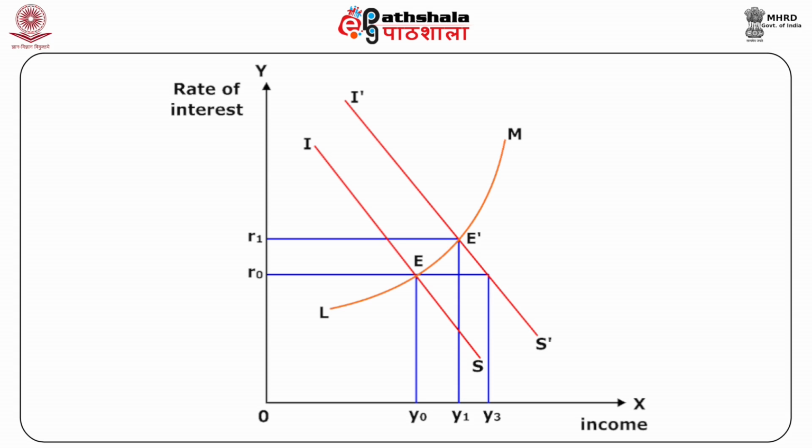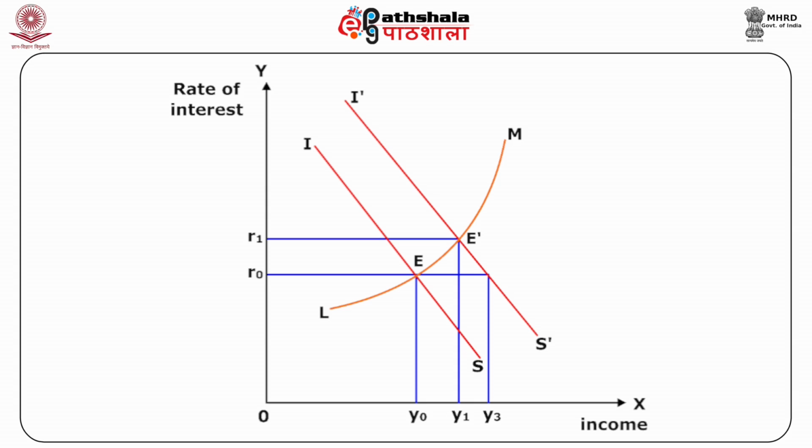So, what we see is that fiscal policy is actually an expensive policy, because although there is expansion, the expansion is not really full expansion in the economy, 1. And 2, the rate of interest has gone up. So, it is a costly policy, and it has implications.